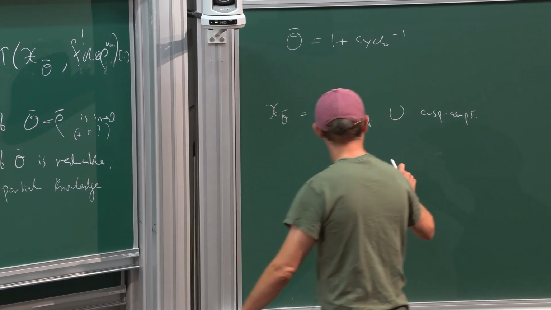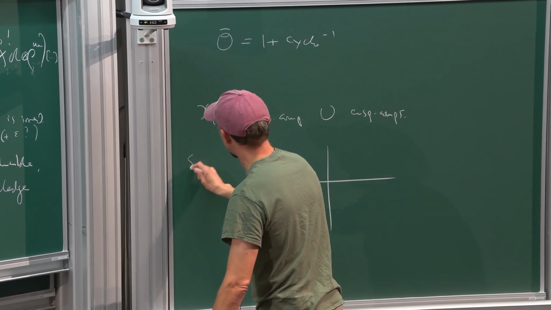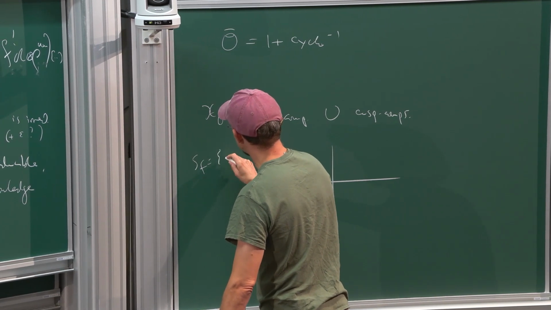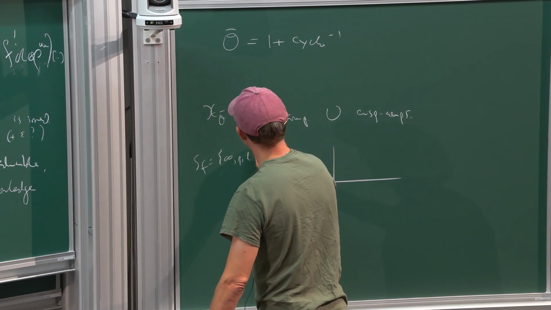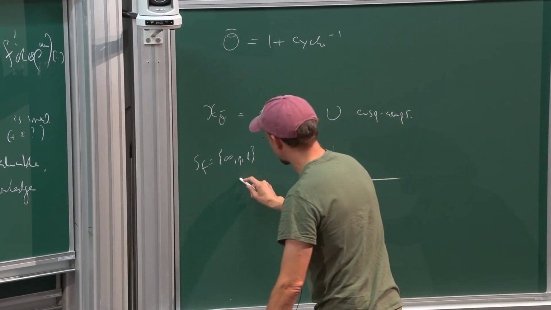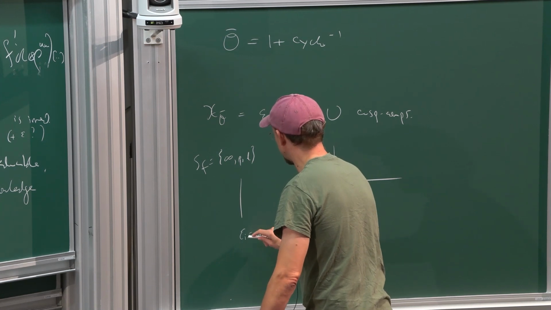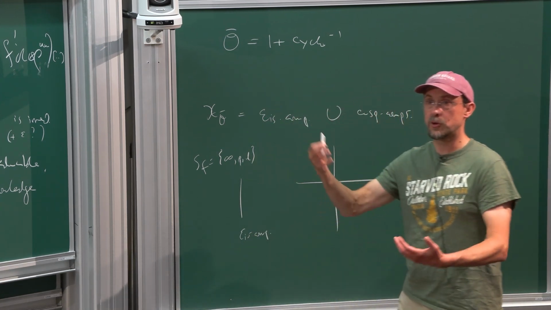So suppose that SF just had infinity, P and one prime L. Then there'll be just one prime L where you can make this Kummer class.